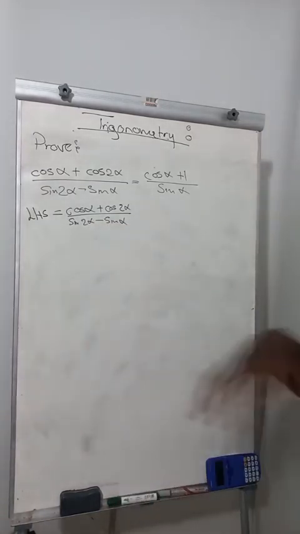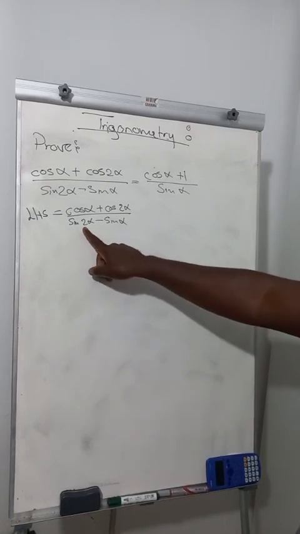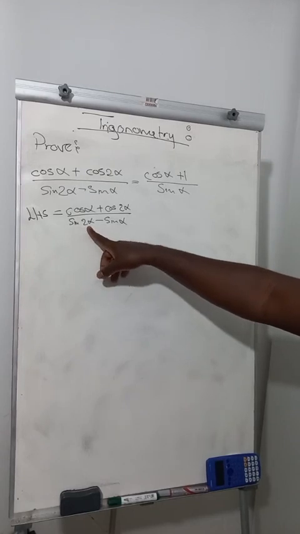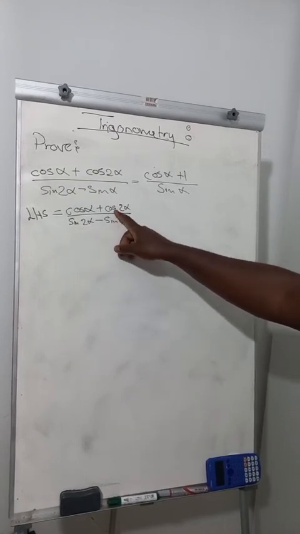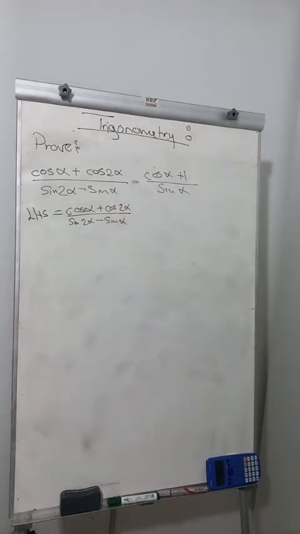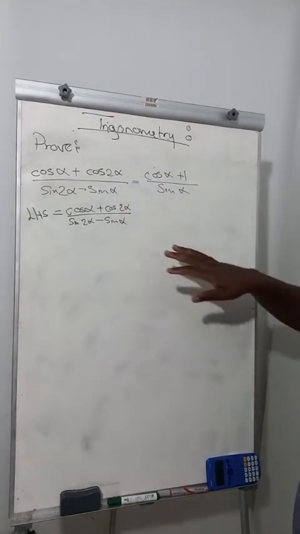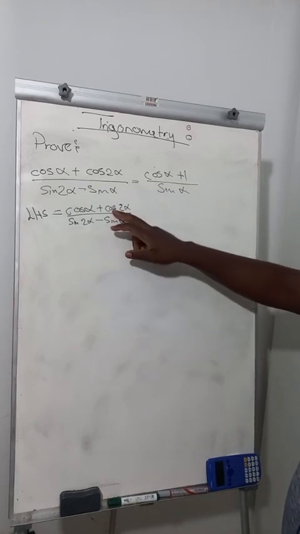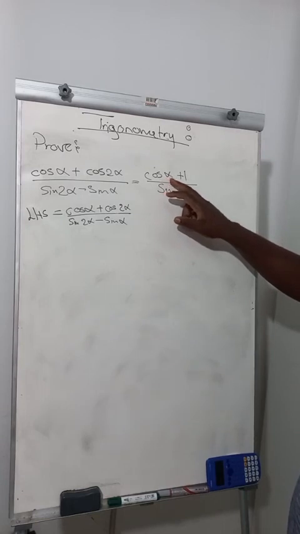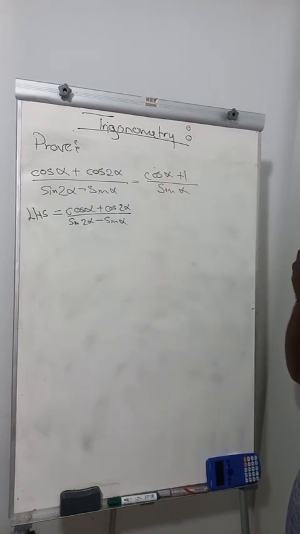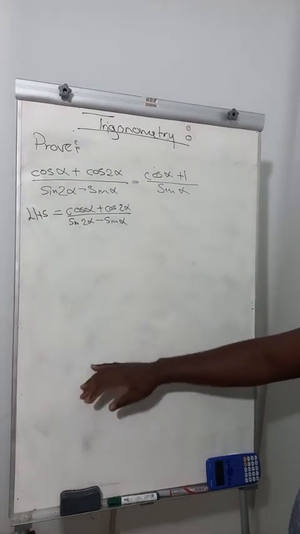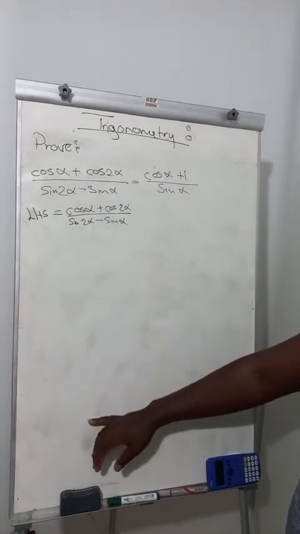Before we proceed, you need to change the sine 2 alpha and also the cos 2 alpha. The values you replace with should relate to your answer, so don't substitute with something that will just make your answer very long.